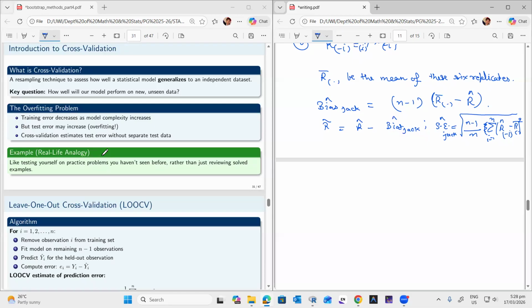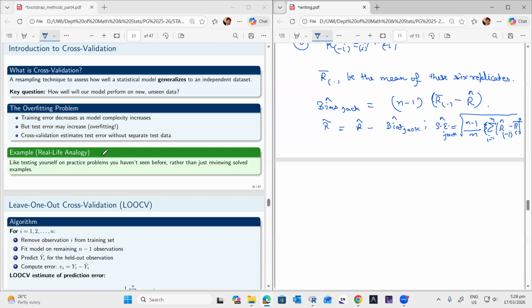The resampling aspect allows us to use almost all our data for training and validation, providing a more stable and less biased estimate of the model performance on the theoretical infinite population or future data.